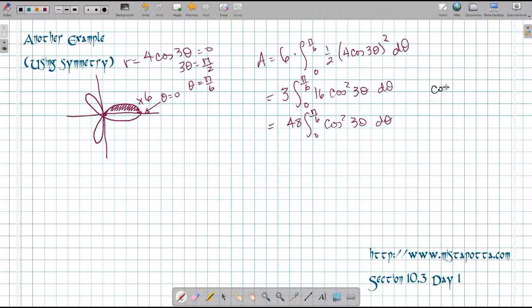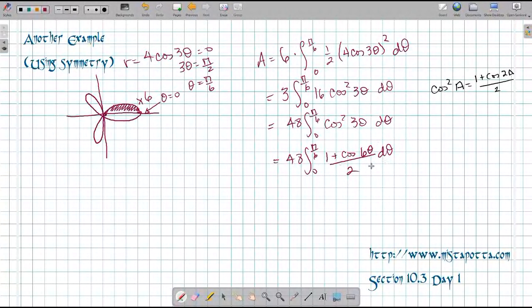We know that cosine squared of whatever angle I'm dealing with is going to be 1 plus the cosine of twice that angle, over 2. So this integral actually becomes 48 times the integral from 0 to pi over 6 of (1 plus the cosine of 6 theta) over 2 d theta.